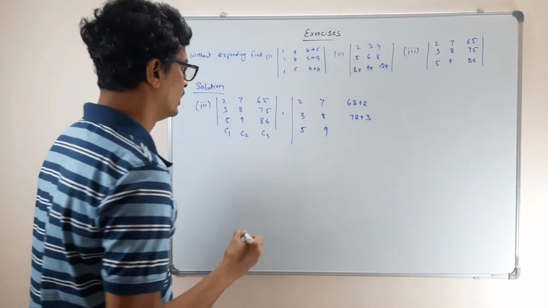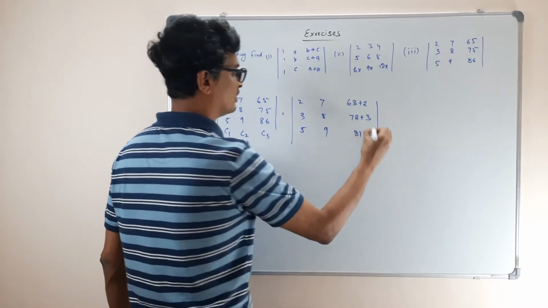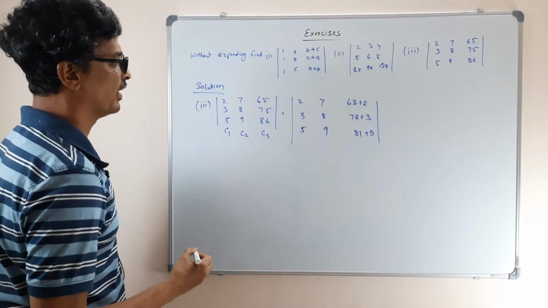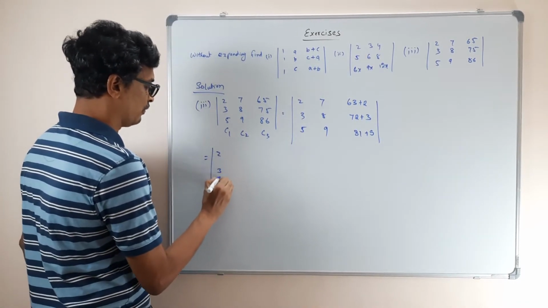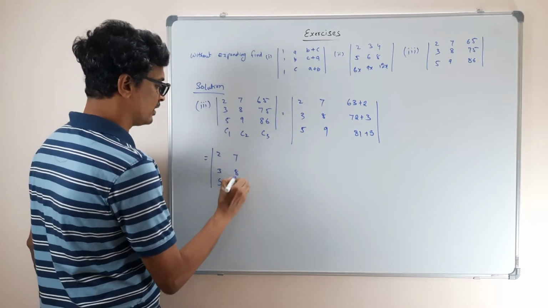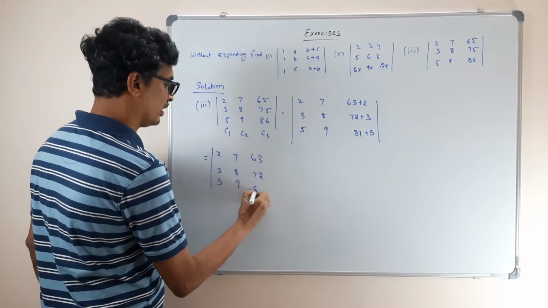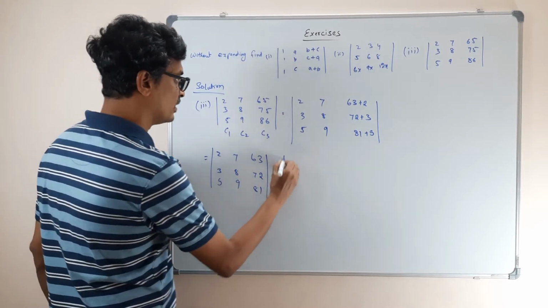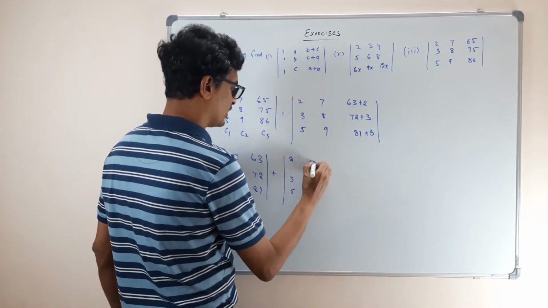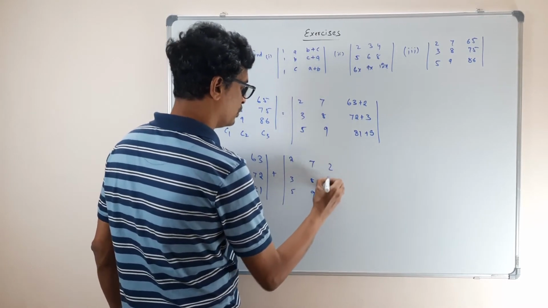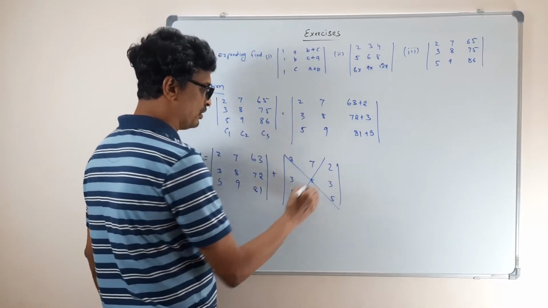And this is 81 plus 5. And this itself will give you the answer. So this will give you 2, 3, 5, 7, 8, 9, 63, 72, 81 plus 0. Then 2, 3, 5, 7, 8, 9, 2, 3, 5. Because both the columns are the same, this will be 0.